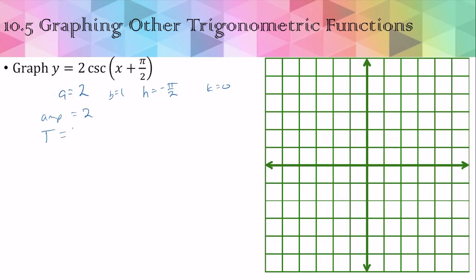We know our period is 2 pi, since b is 1, it's not going to change anything. We know our midline is y equals k, so that's y equals 0, so it's not shifted up and down. But we do know we have a horizontal shift of pi over 2 to the left.